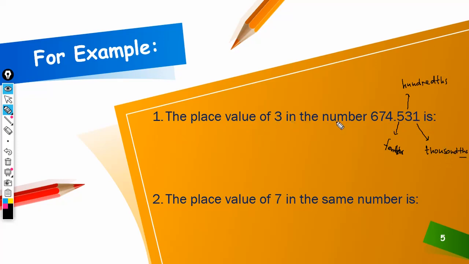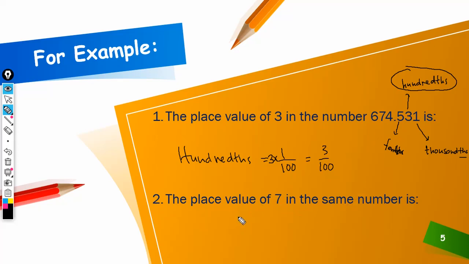So the place value of 3 is hundredths, so the answer is hundredths, or you can write 3 times one hundredth, or 3 hundredths.